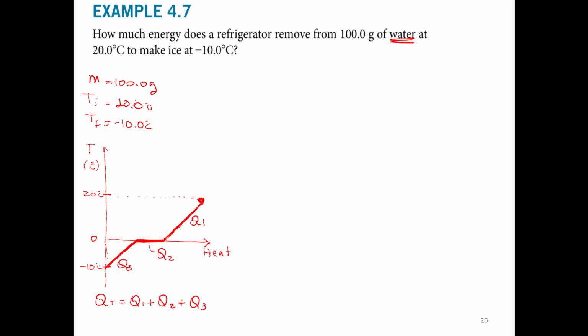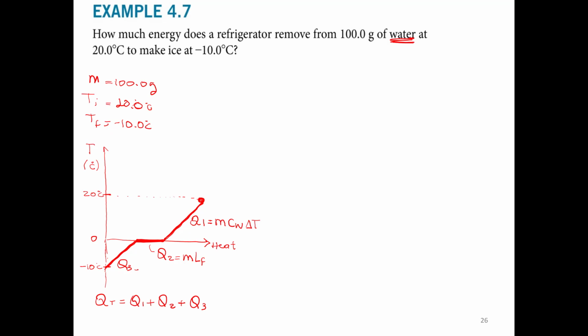Now let's think how we will calculate each of these different heats. Here is the mass times the specific heat of the water, because it's at 20 degrees Celsius, multiplied by delta T. In this case, we just need to multiply the mass times the latent heat of fusion.